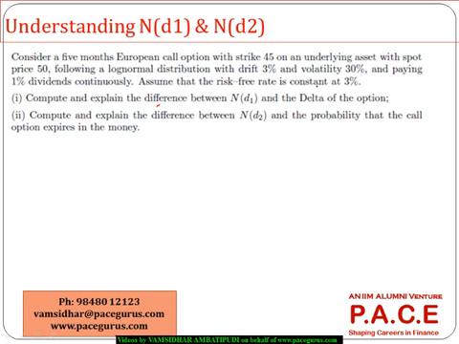Let's try to understand from a basic numerical how I really differentiate between N(d1) and delta. Sometimes in case of a call option, whenever we use the formula for delta, we say N(d1) is the delta.